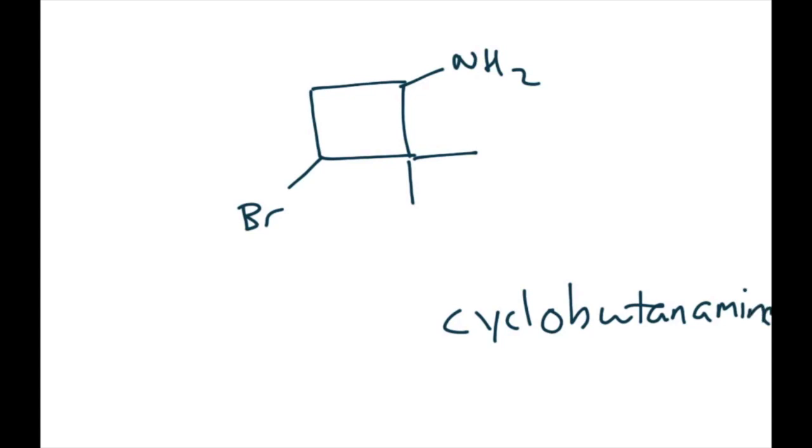Cyclobutaneamine. There's an E on the end, I swear. And again, since it's on a ring and it's our only functional group, we know we're going to start numbering at the amine. So what are my other groups? So numbers?